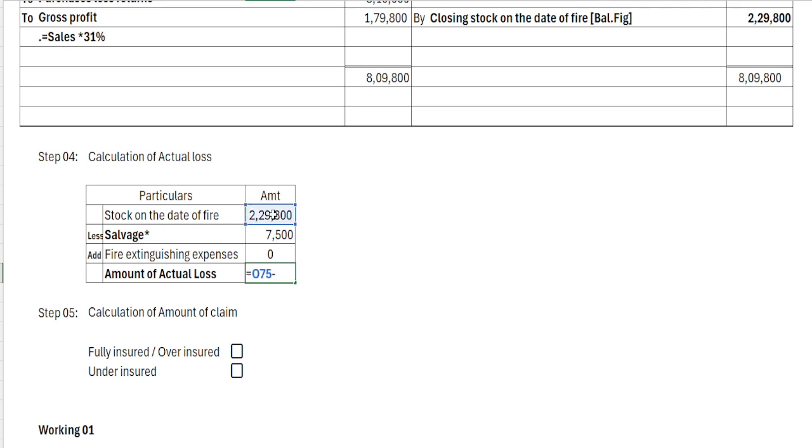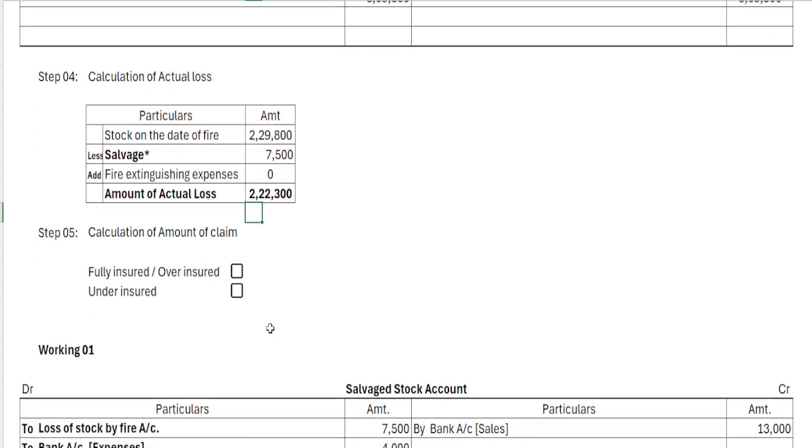Stock on the date of fire minus salvage plus any fire extinguishing expenses is 2,22,300.